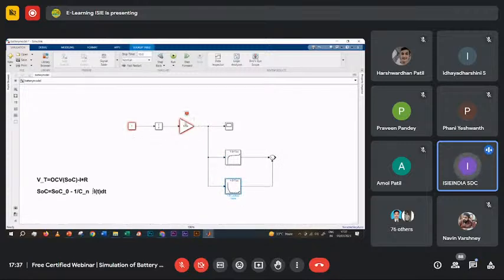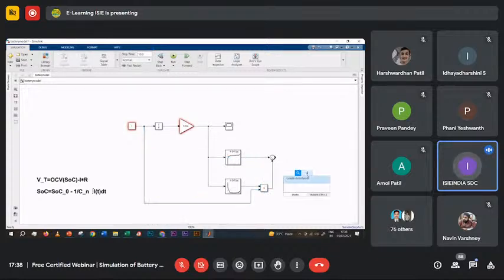The output of this one will be my SOC itself. Now I will call for a product block. In the product block, the value of R and the value of I are connected to this. Okay, this part.